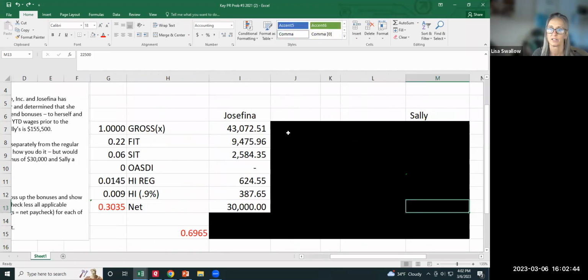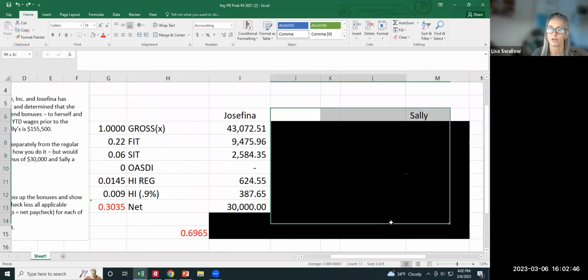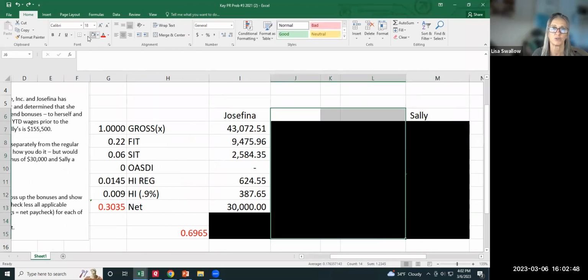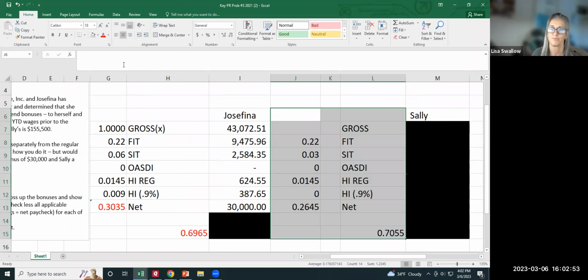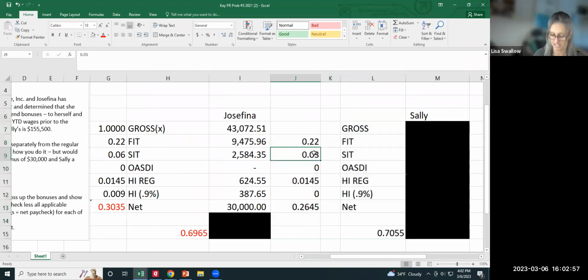Don't worry about that. Okay, so same thing. I'm going to go through here. I'm going to do my formula. And this time, I don't have OASDI again. And I don't have the additional HI because I'm at 155.